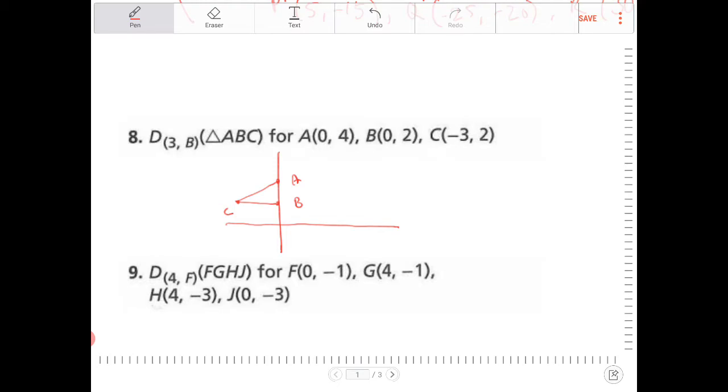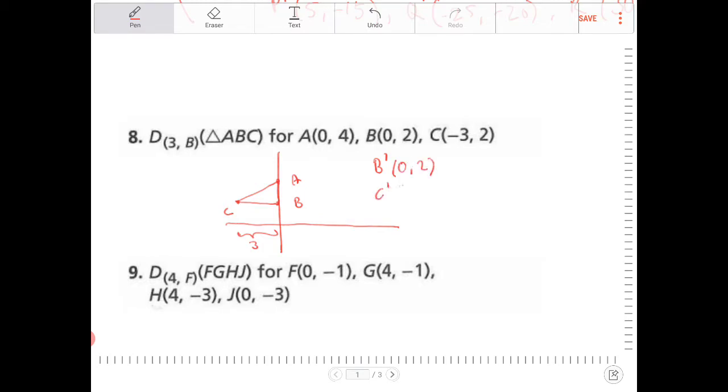So if I'm dilating this by a factor of 3, the length of BC, what is that length? That length is 3. So if I were to dilate this by a factor of 3, then B prime will not move because we're dilating over that point. So B prime is still 0, comma 2.